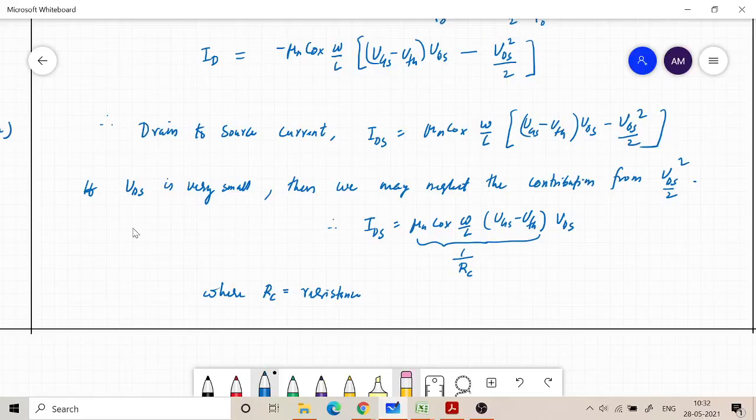It's like an Ohm's law, like VDS is equal to IDS into RC. So that is applicable only in the case of low values of VDS.